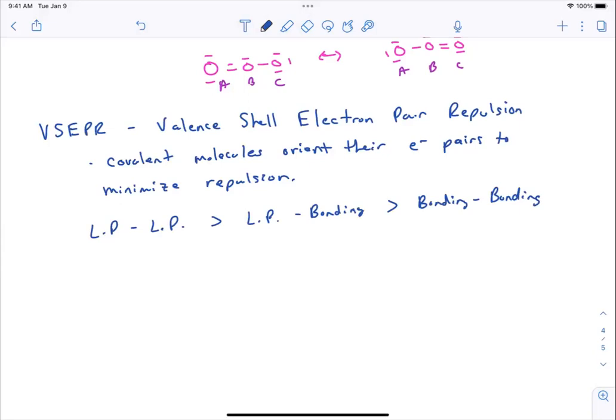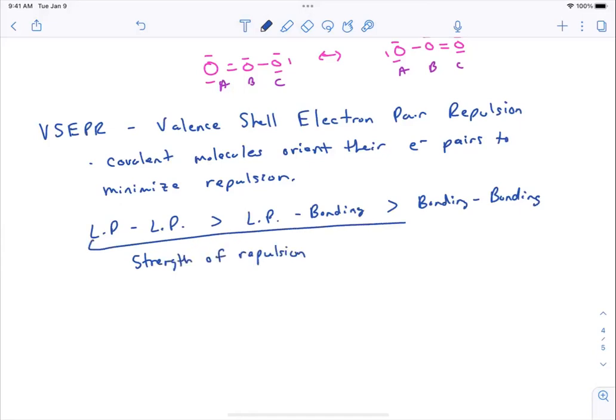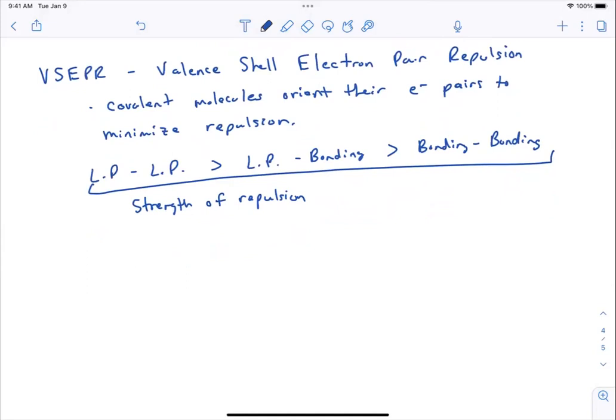So that's the hierarchy of the strength of repulsion. And this helps us explain our shapes. We're only going to do SL shapes now. We'll add HL shapes on after the break.